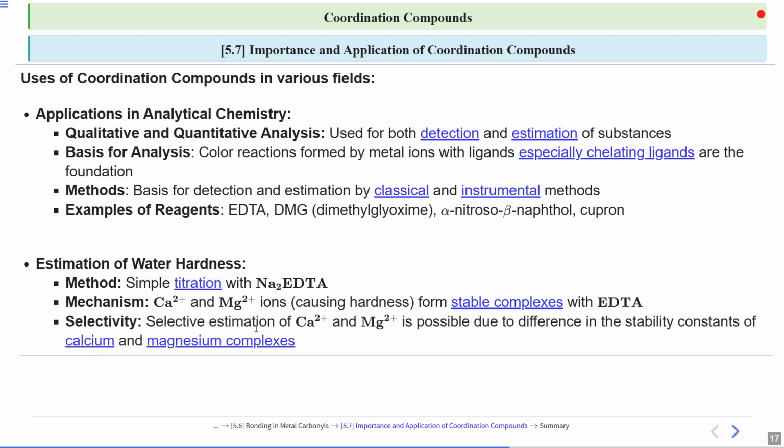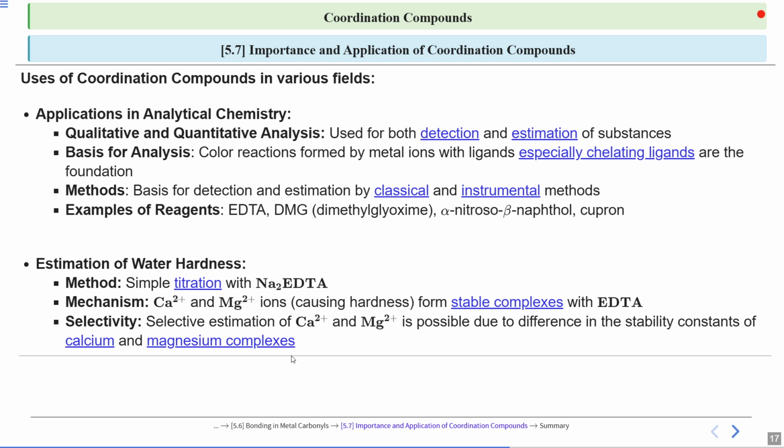Selectivity. Selective estimation of calcium 2 positive and magnesium 2 positive is possible due to the difference in the stability constants of the calcium and the magnesium complexes. Because the stability constants are different for the calcium and the magnesium complexes, we can selectively estimate the calcium 2 positive and the magnesium 2 positive ions.